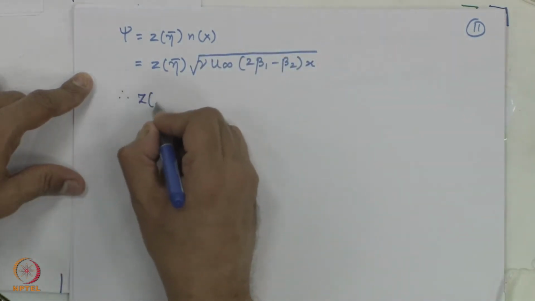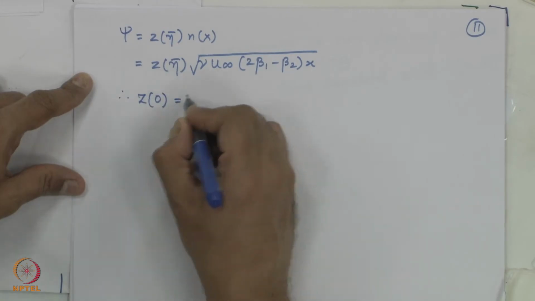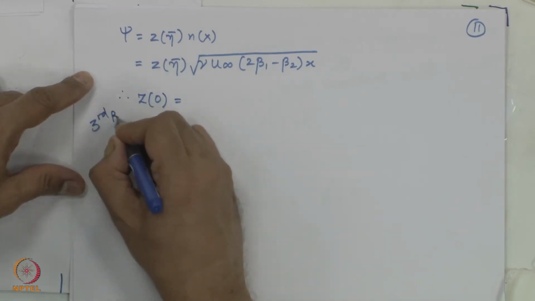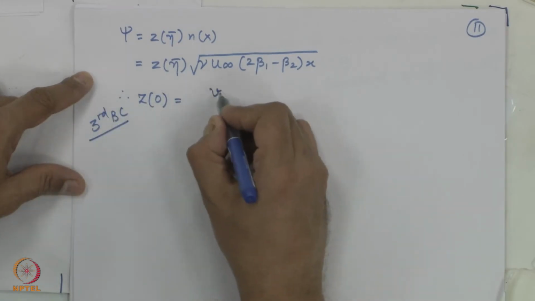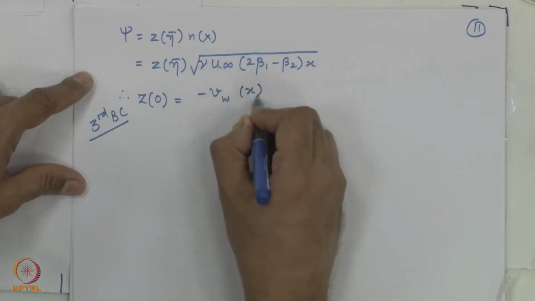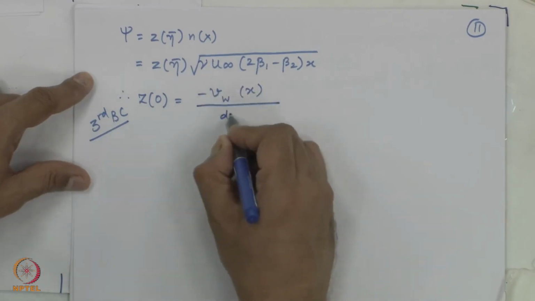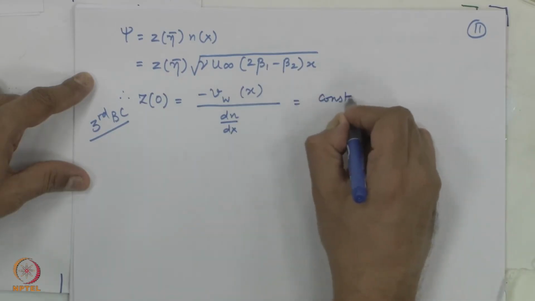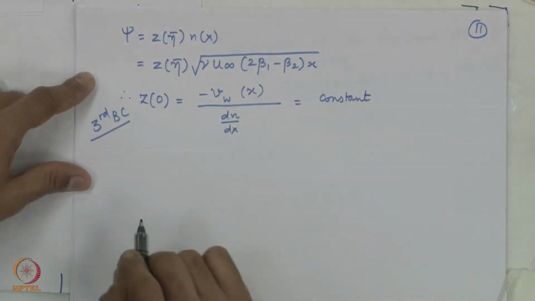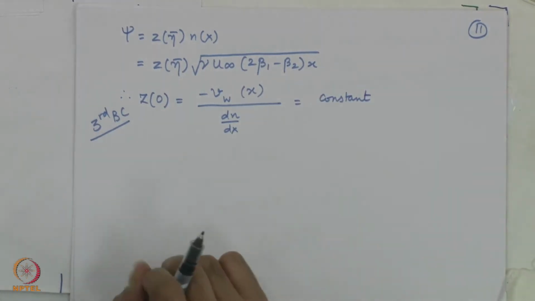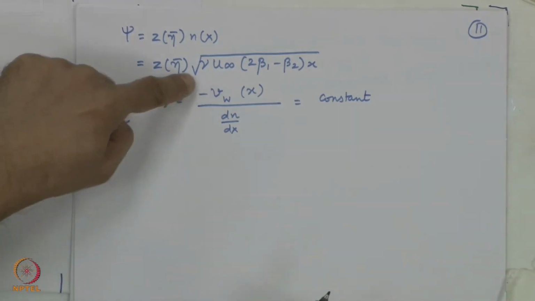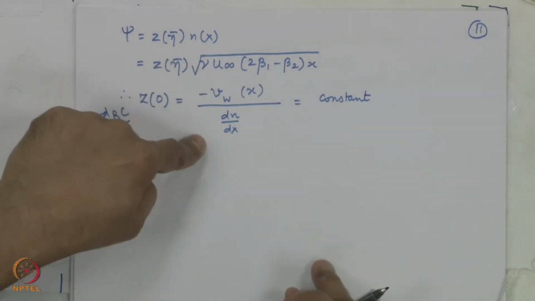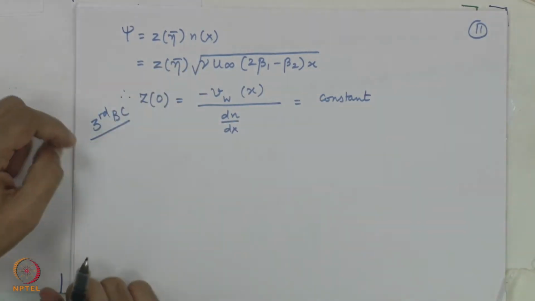Therefore, my z of 0, third boundary condition for Vw, remember that? That is Vw of x with a negative sign divided by dn by dx is equal to constant. Okay, this is also constant. N we saw, this n differential we will take here, and that also has to be a constant.